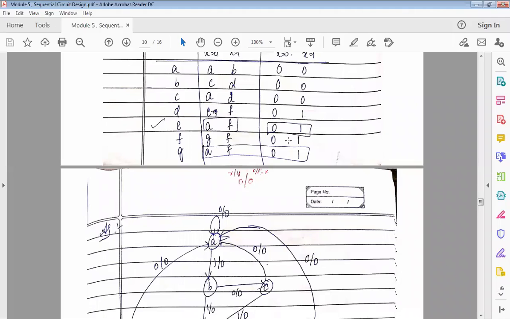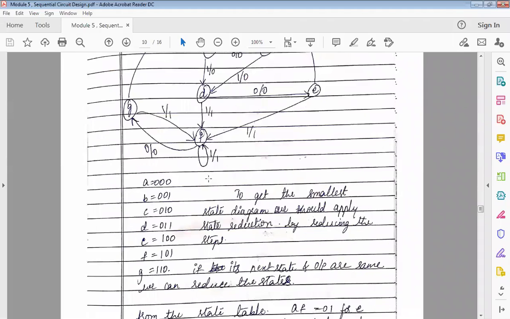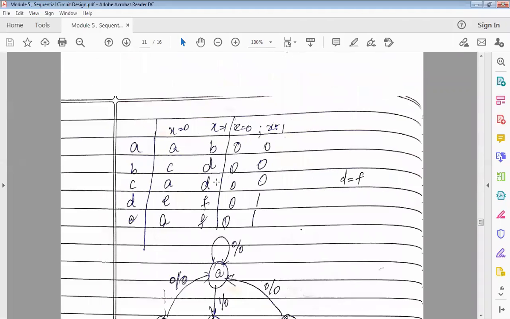So again, one can be eliminated here, yes or no? Which means D is equal to F. Yes, D is equal to F. So this is going to be my modified table.